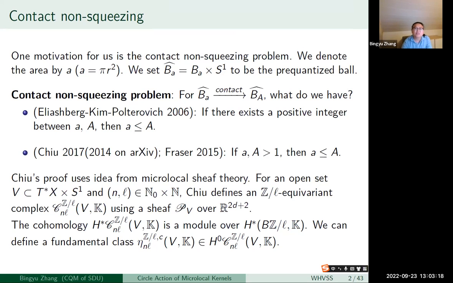Actually, here is a mistake. The key feature of the series is that the cohomology is a module over the cohomology ring of the classifying space. We can also define a fundamental class of this open set in degree 0.